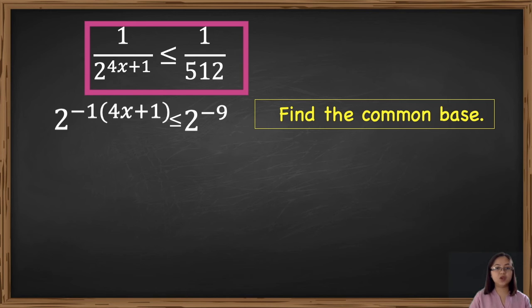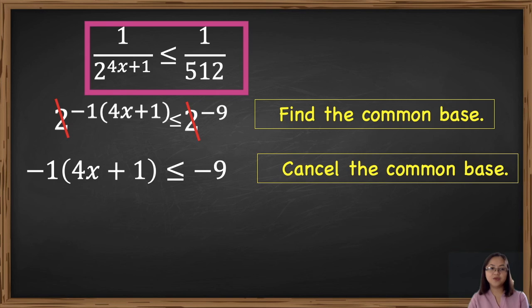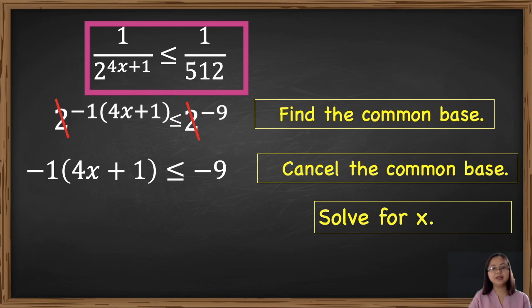Now that they have a common base, we could now cancel them. So cancel the common base, and we're only left, let's bring down the exponent. We have negative 1 times the quantity of 4x plus 1 less than or equal to negative 9. So let's now distribute negative 1. So we get negative 4x and then negative 1 times positive 1 equals negative 1.